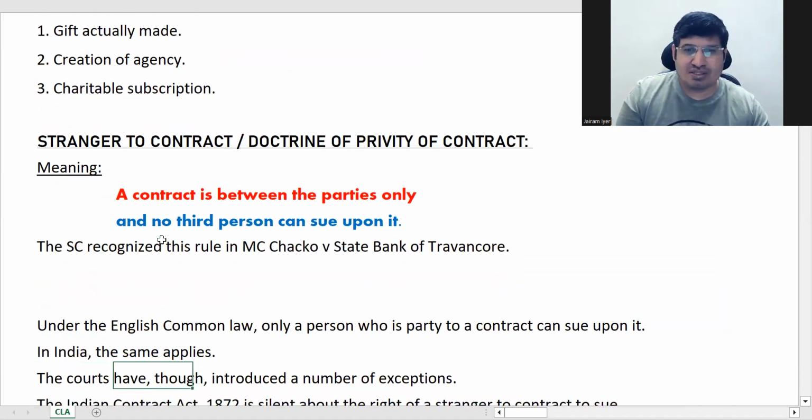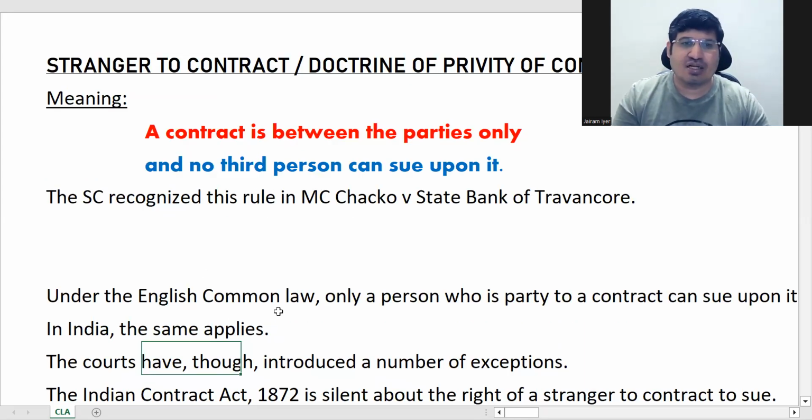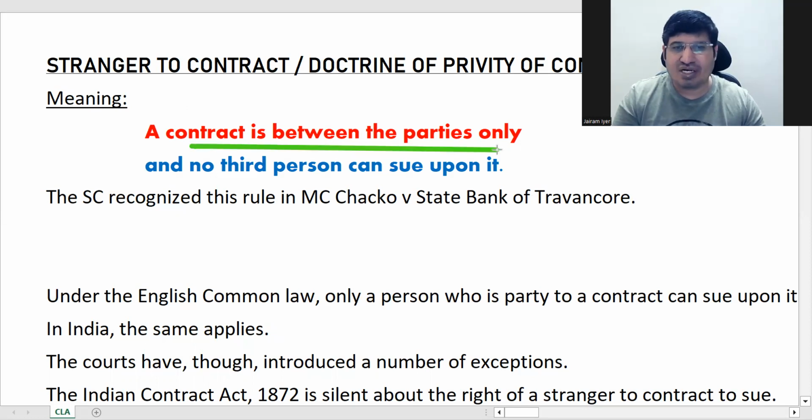Next is stranger to contract, or the doctrine of privity of contract. What this says is that a contract is between the parties only and no third party can sue upon it. Contract is between only the people who have entered into it.